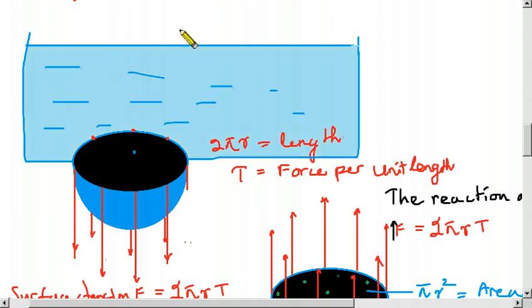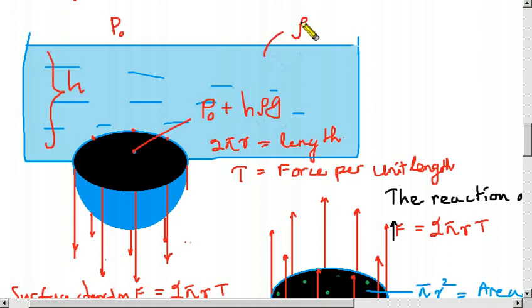So the external pressure is P naught, atmospheric pressure on this surface. So we assumed that this height is h. So here the pressure is P naught plus h rho g. Density of this liquid is rho.